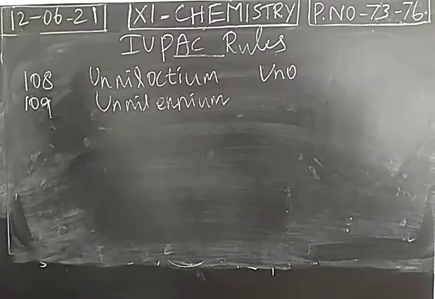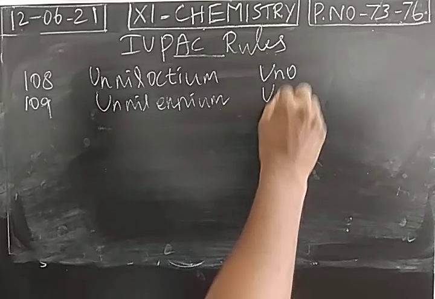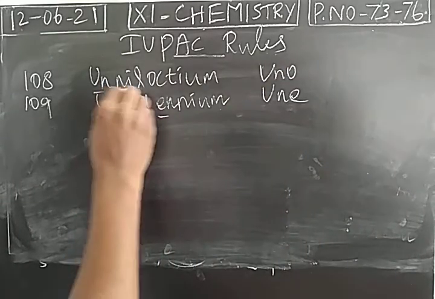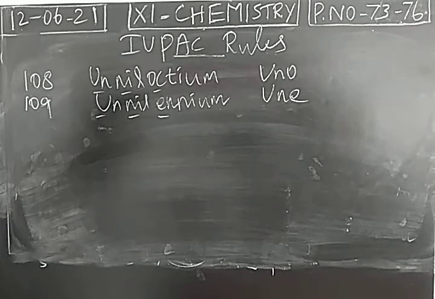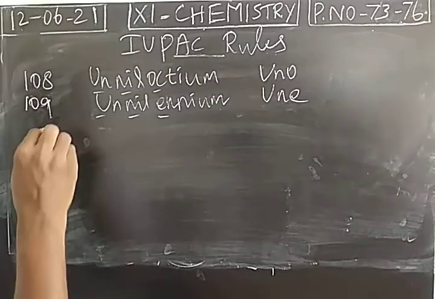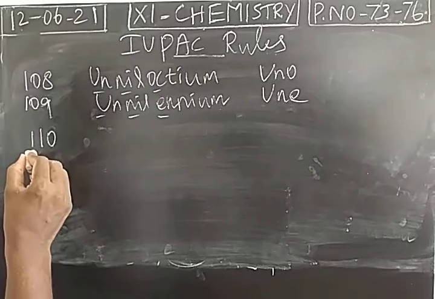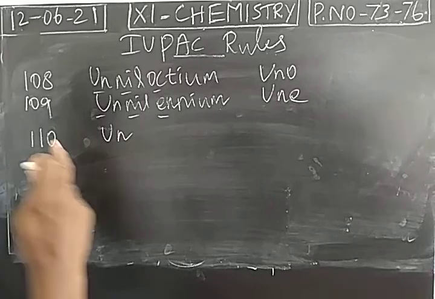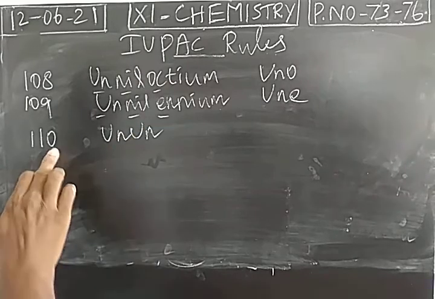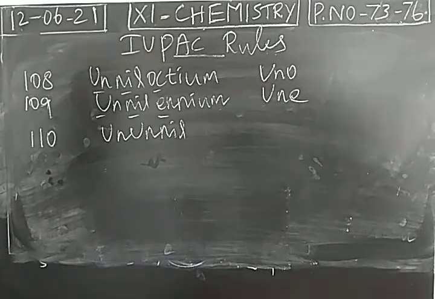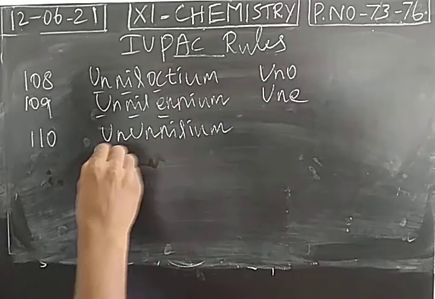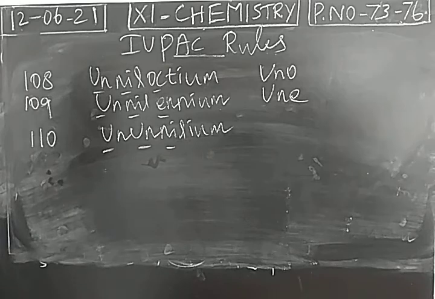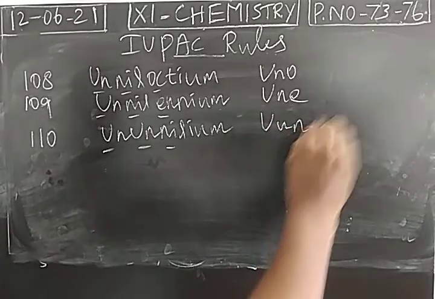For digit 9, the root word is enn, so unnilennium, Une. Next, 110. For digit 1, the next digit is also the same 1, so un, un, 0 nil, suffix ium, so ununnilium, Uun.